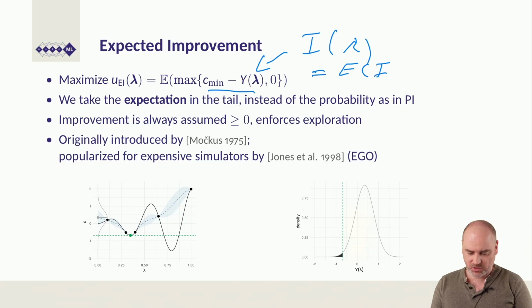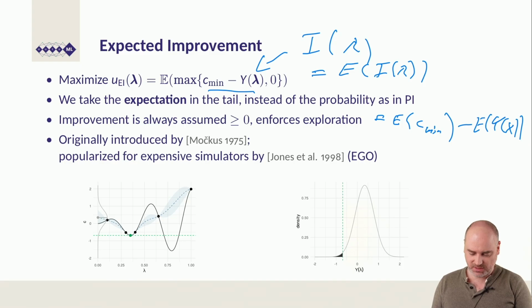The expectation of I of lambda is simply the expectation of Cmin, which is just Cmin, minus the expectation of y of x. In terms of optimization, we can completely forget about Cmin, because that's constant. And this other thing is just f hat of x, right?